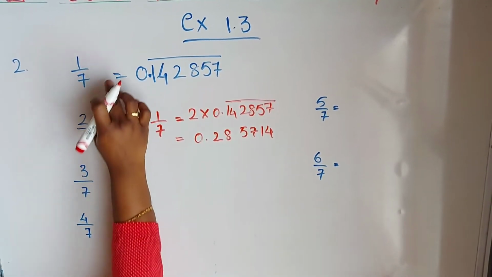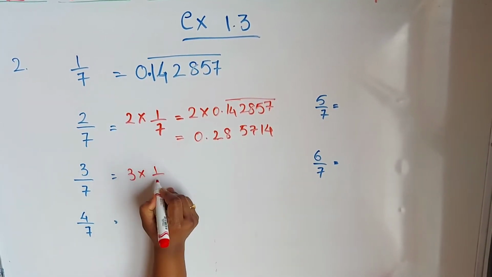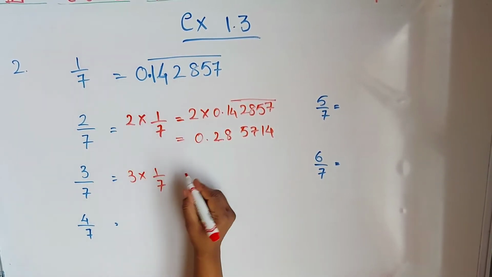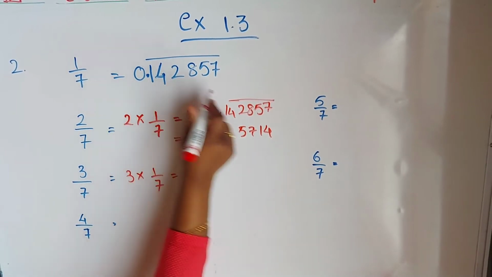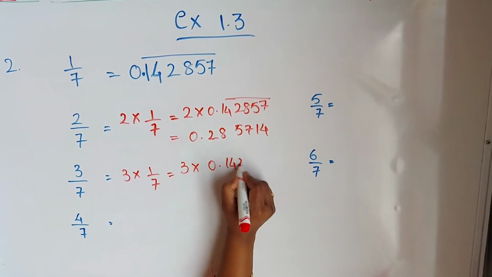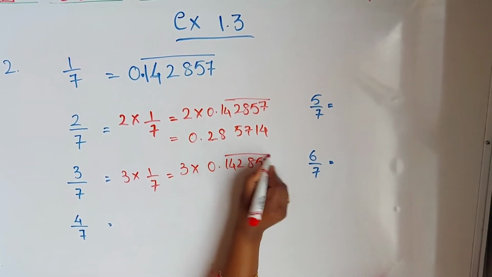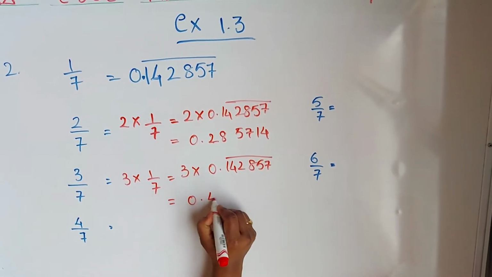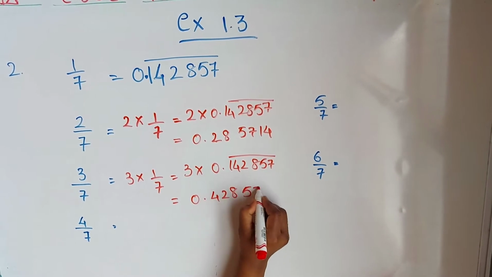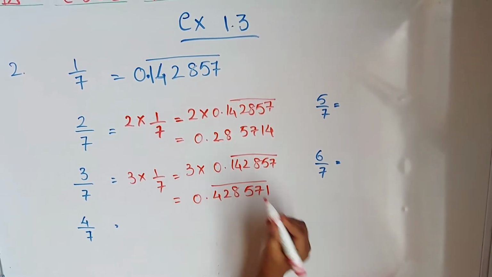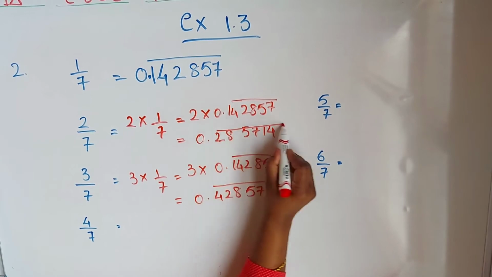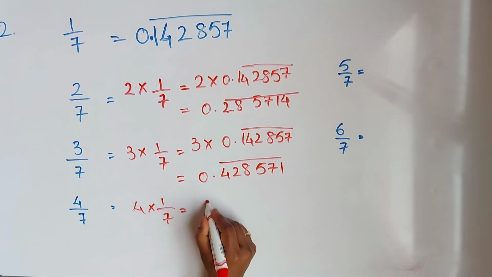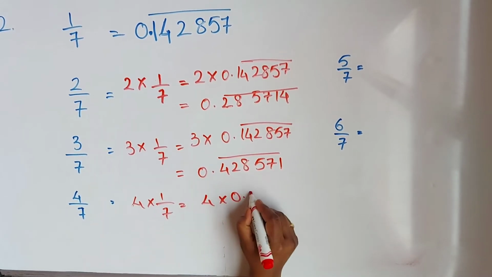Now 3 by 7, 3 into 1 by 7, right? 3 into this value, 3 into 0.142857 bar. What is the answer, children? 0.428571 bar after multiplication. Now 4 by 7, 4 into 1 by 7, 4 into that value.